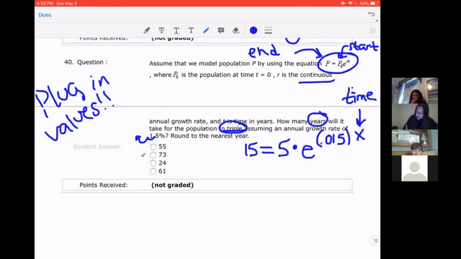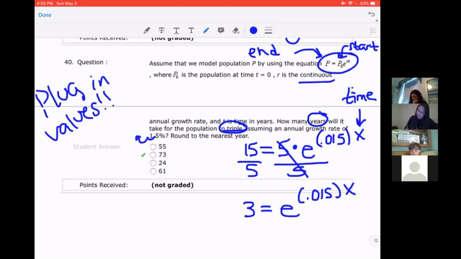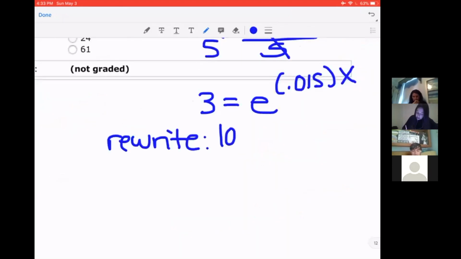So now to solve, the first thing we do, divide both sides by 5. So I end up with 3 equals e to the power of 0.015x. Now what do we have to do? Solve for an exponent. Nicely done. So we rewrite this as a log. Remember, whatever's the base of my exponent is what I make the base of the log.